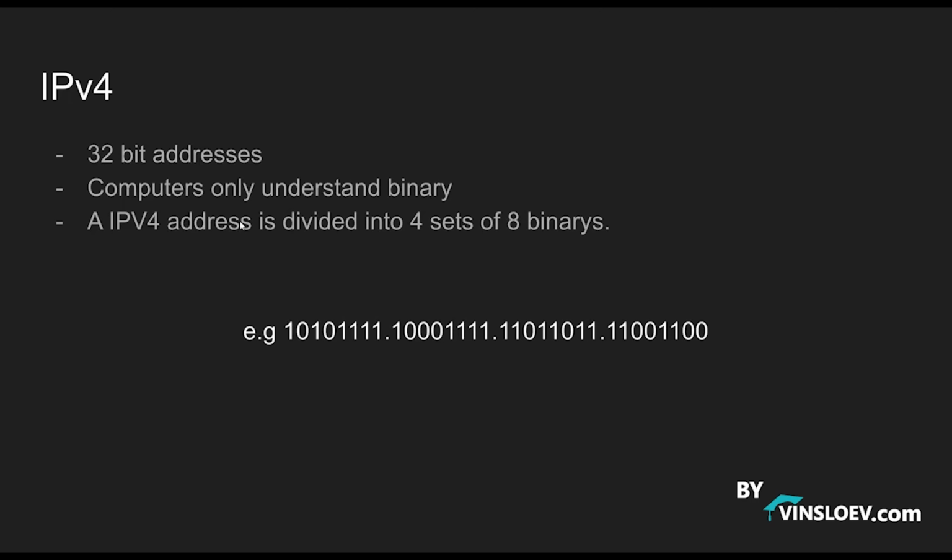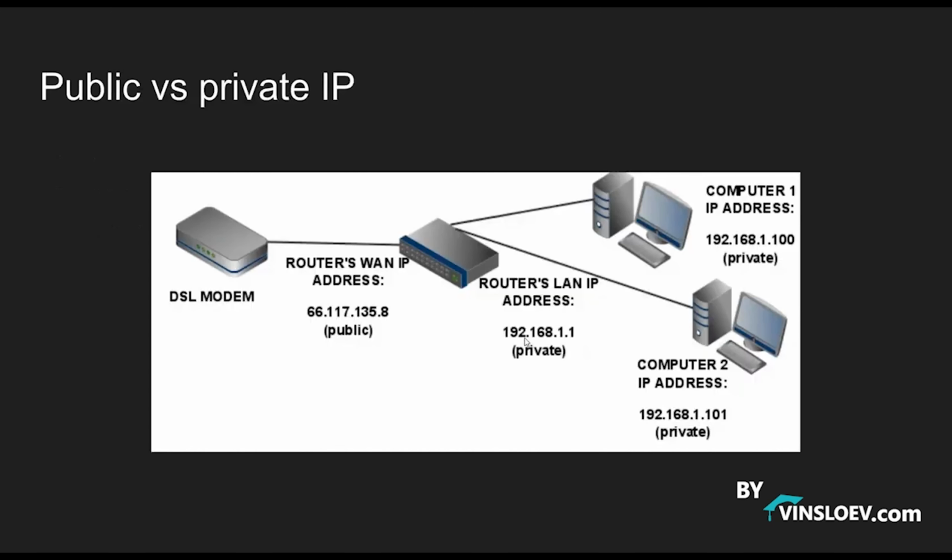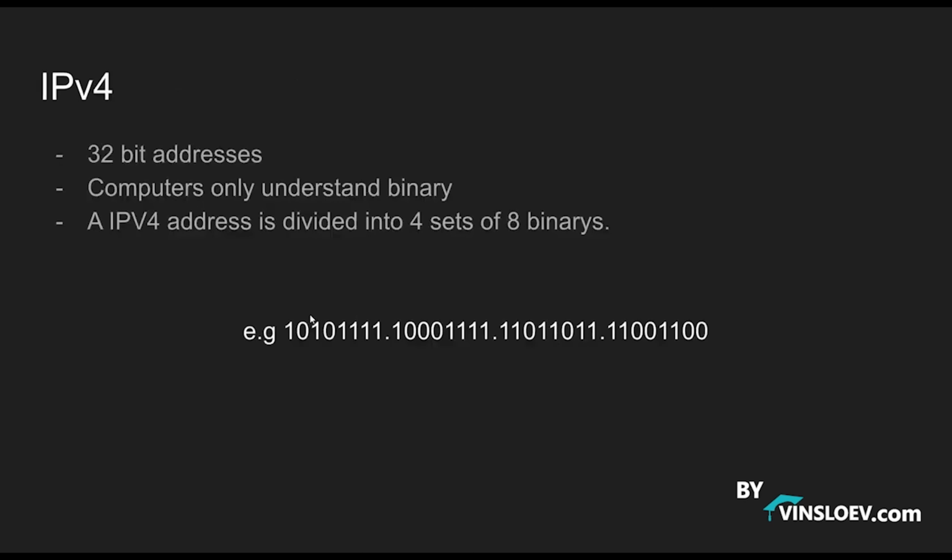So an IPv4 address is divided into 4 sets of 8 binaries. So for example, this is an IP address, and this right here corresponds to an address similar to this one, because this has been translated into the numbers, whereas these represent the binaries. So this is down to the basic binary address of our IPv4 version.